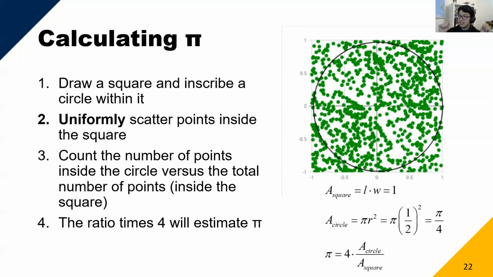We are selecting a set of inputs to calculate a distribution of outputs. And if you did this many times over and over again, you would eventually arrive at a fairly accurate value for pi.